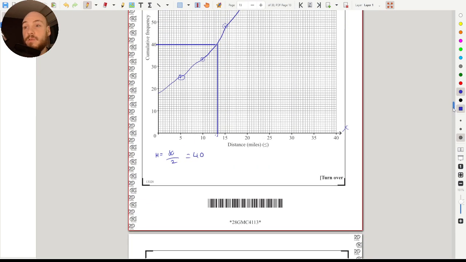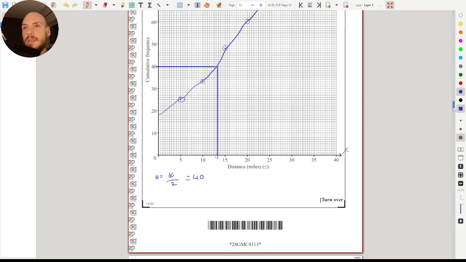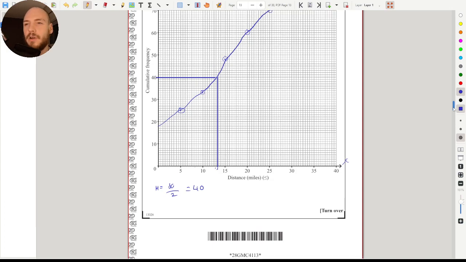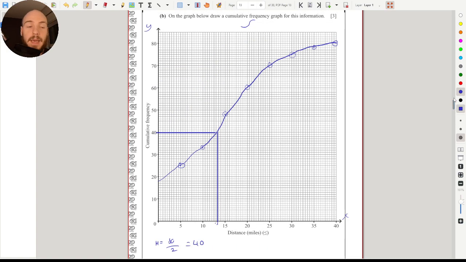You could probably even get 14, depending on how you draw your cumulative frequency curve. Any answer is pretty much acceptable so long as it's along your cumulative frequency curve and it's not 10 or 20. Anywhere between 12 and about 14 would be acceptable.